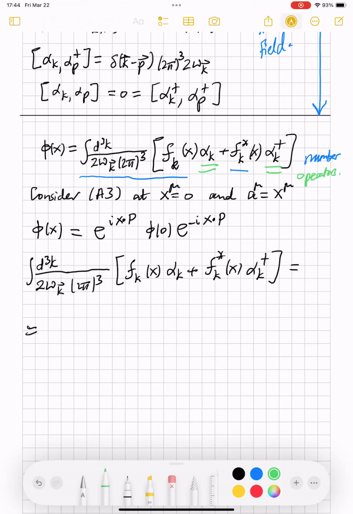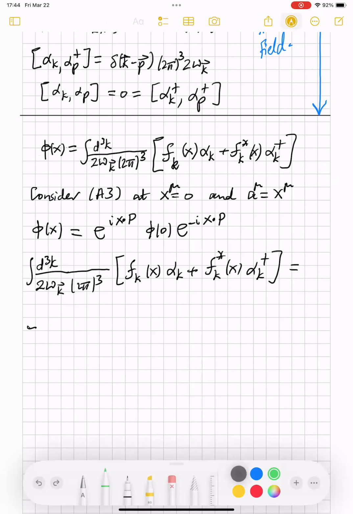So when I multiply by e to the ix dot p, I can pull it all the way up to alpha k, and all the way up to alpha k dagger, because I'm just pulling it through numbers. And when I multiply by e to the minus ix dot p, I can again pull it all the way up to the alpha k and the alpha k dagger. I'm always allowed to pull operators through numbers.